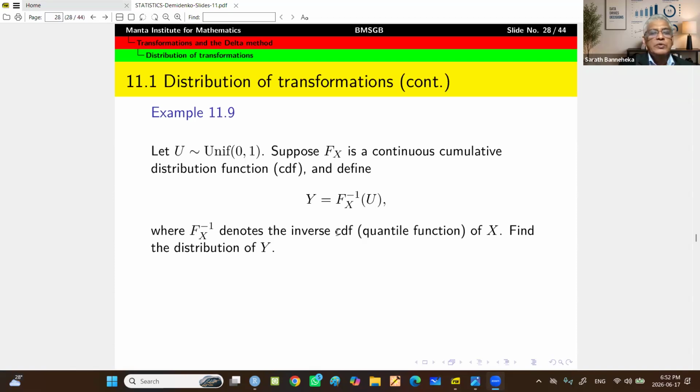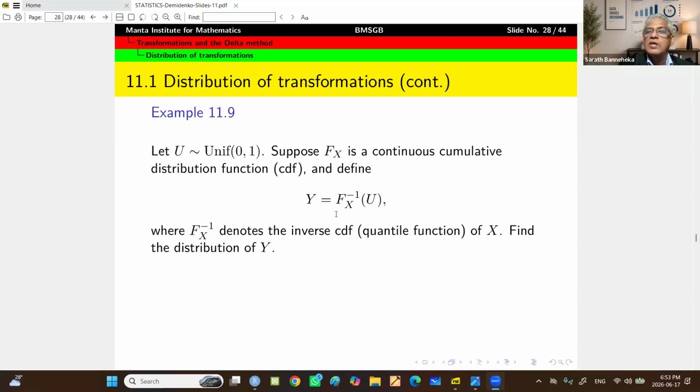Then we are going to find out the distribution of y, and the result will be very, very interesting and useful. Notice here again, I'm defining y to be Fx inverse evaluated at capital U, where U is a uniform random variable.